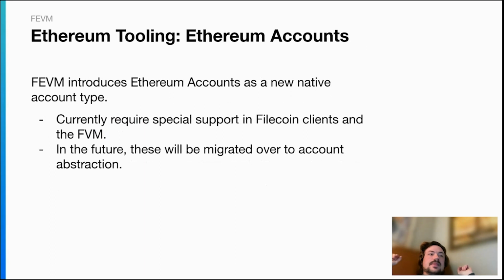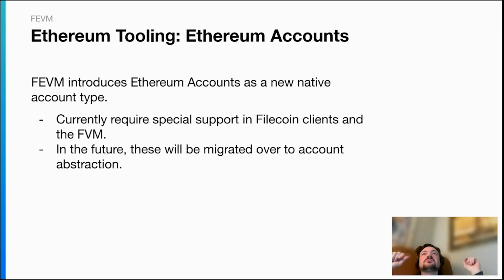Okay. The next part really was Ethereum accounts. So we've implemented a new Ethereum account, or native account type. This is currently, again, as I said before, special sauce. It's a special Ethereum account type that has some special code paths in both Lotus and the FVM to make it work.